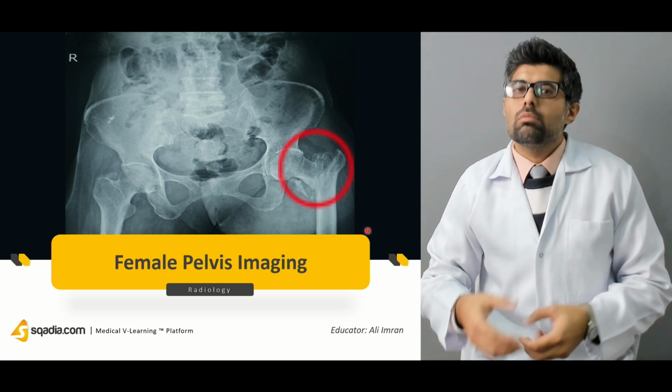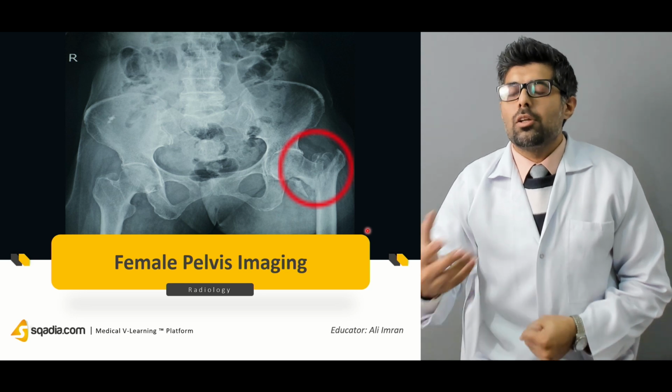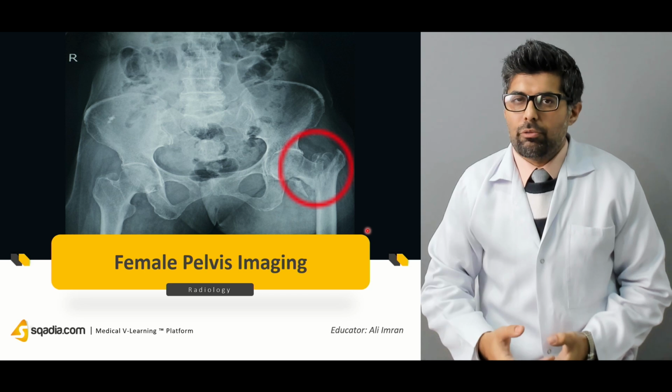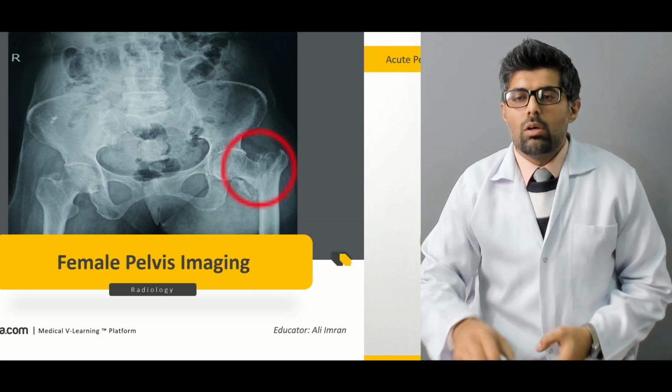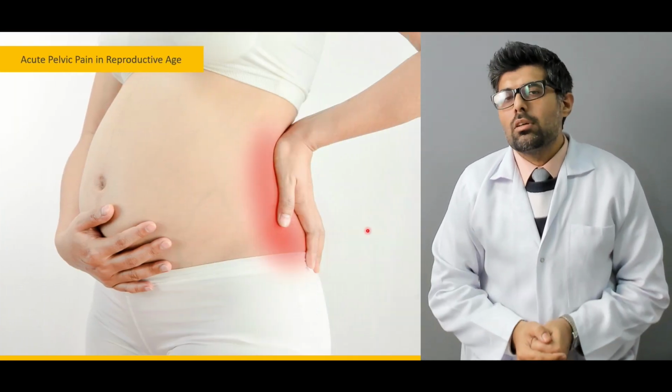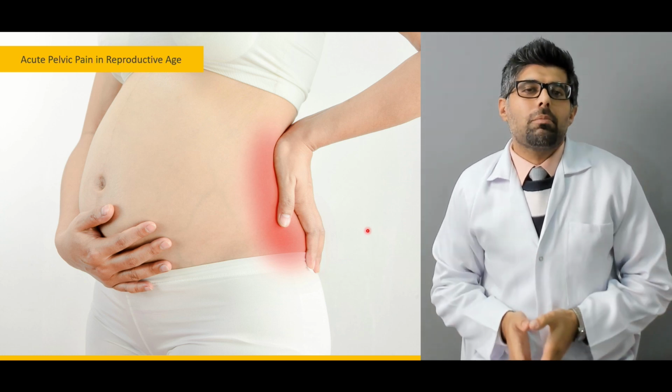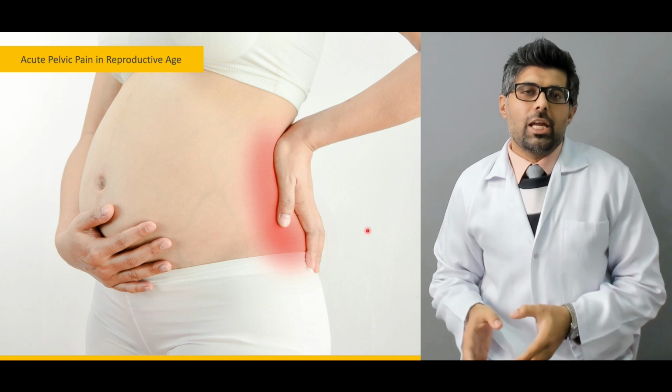But still, we do study it in normal radiology because it is considered a part of it. Now, let's start with our lecture, and the lecture will start with acute pelvic pain in the reproductive age.